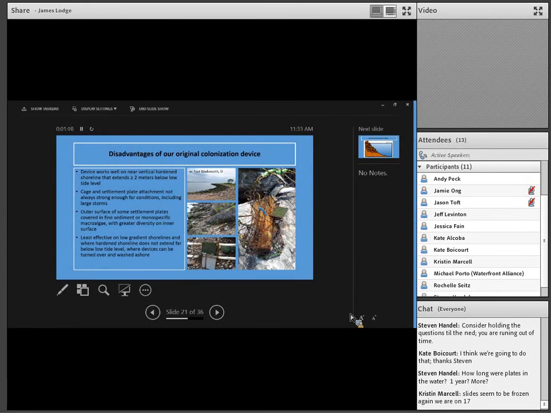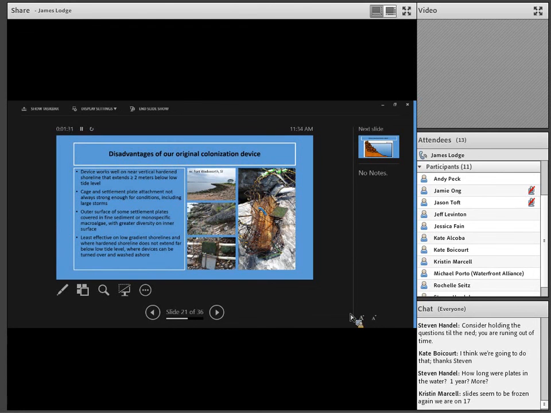Storms blew our devices up onto the riprap shoreline at Staten Island, and so they were exposed for a period of time. So that was one problem: it wasn't heavy enough to withstand these storm conditions, and we lost our settlement plates.